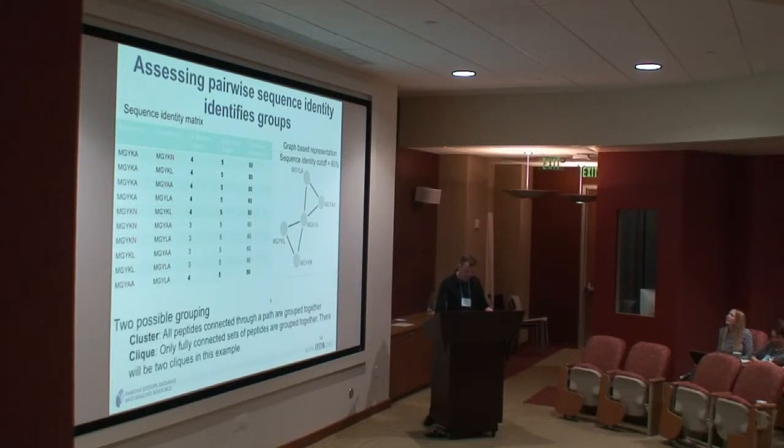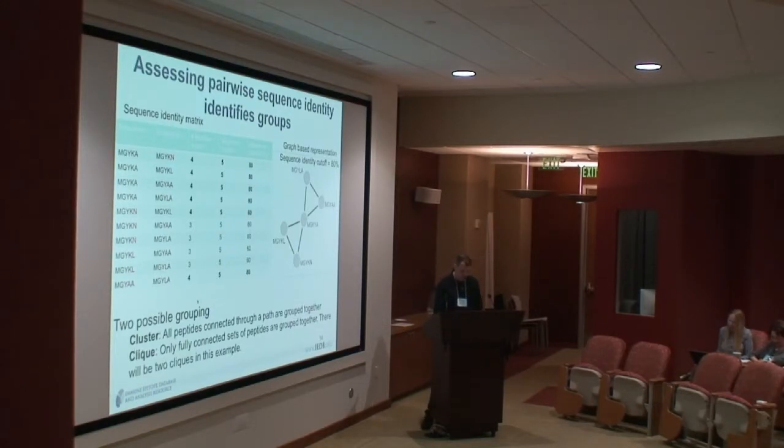nice. And so when you look at this, in graph theory there are 2 ways to look at this. A cluster is a set of peptides that is somehow connected, and you can imagine there might be another connection out here to another one out here. Then you might end up with a cluster of peptides where any 2 are not necessarily that similar. There's just a path in there somewhere.